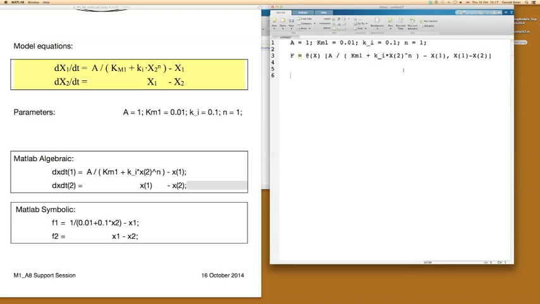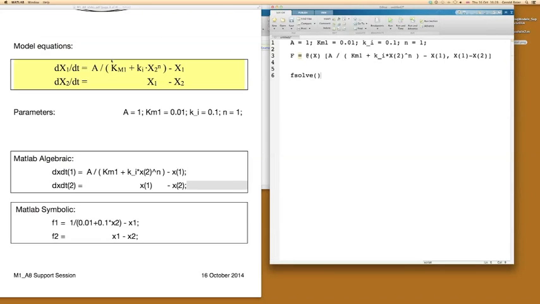How can we solve the equation? Well, you have seen in the materials, if you have read through them, that there's something called fsolve, another function that helps you to solve for the steady state of a set of equations, because the steady state means that both differentials are equal to 0.